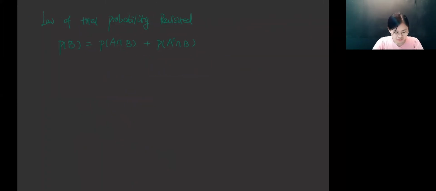Now that we have learned conditional probability, we can revisit the law of total probability and write it in a different way. Remember the law of total probability: we write P of B, the marginal probability of B, as the sum of two probabilities.